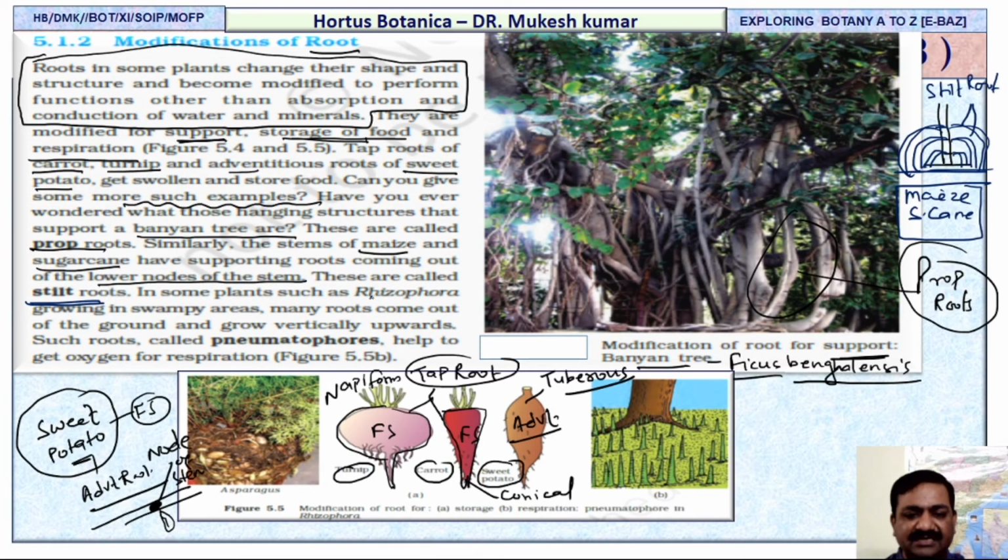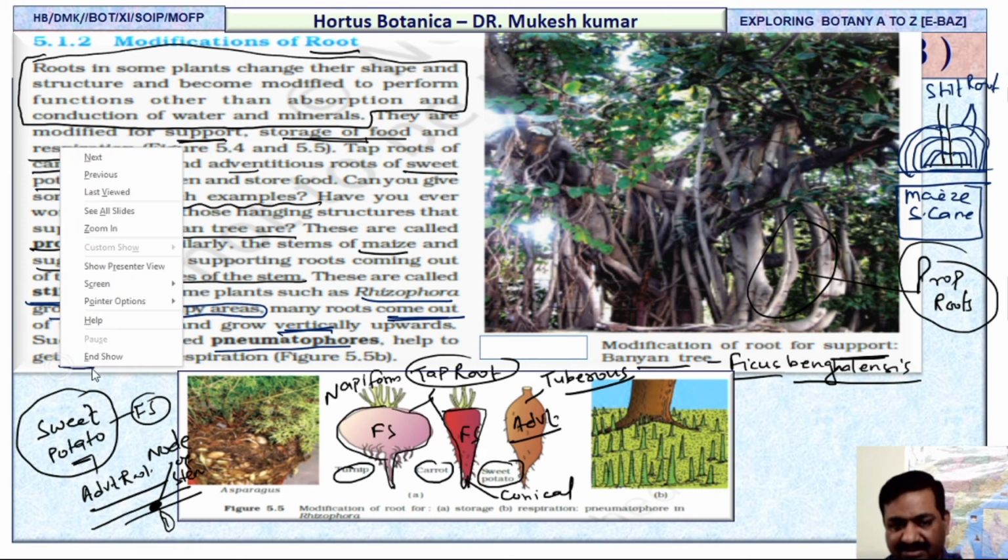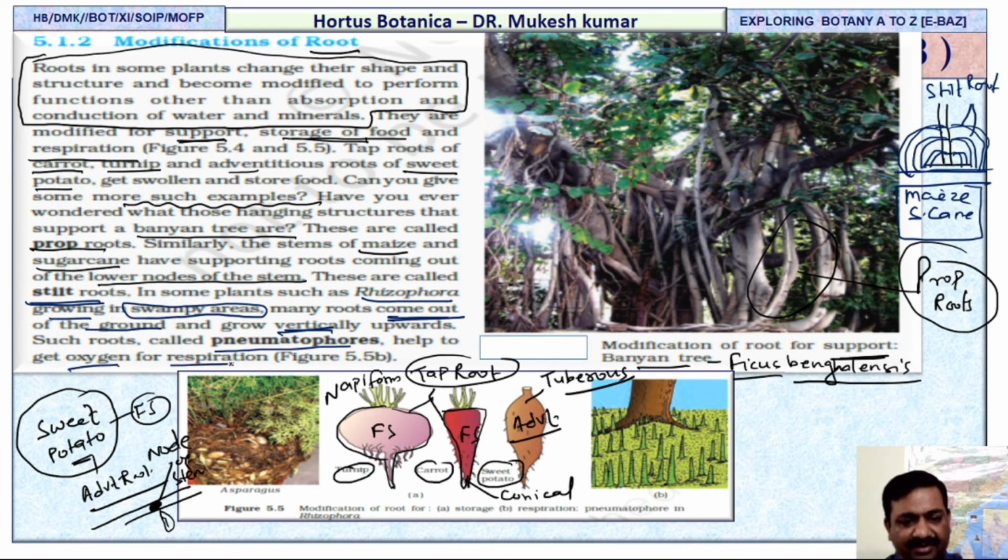In some plants like Rhizophora growing in swampy areas, this is mangrove vegetation, where saline conditions are there, many roots come out of the ground and grow vertically upwards and are called respiratory roots. They help to get oxygen for respiration. See what happened by finding these various structures.